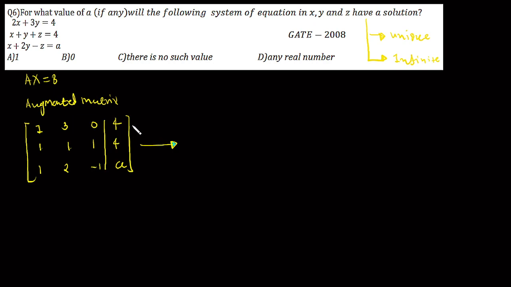So now we perform some row operations to reduce this matrix into echelon form. I have to make this entry 0 and this one 0.